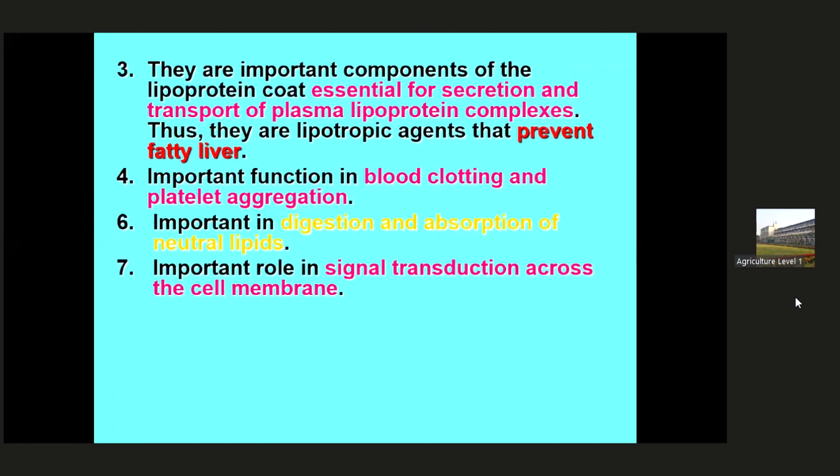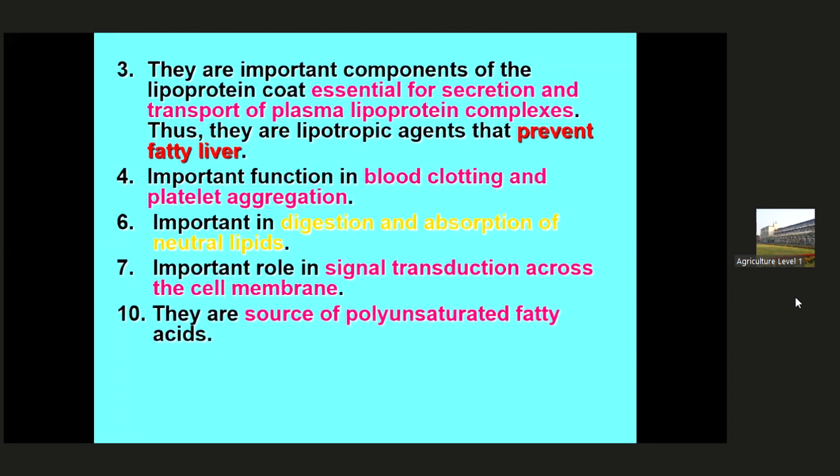So if there is any abnormal production of phospholipid in the nervous system, then signal transduction will be hampered. If some portion of your body loses these signals, the membrane and the nerve system, it is called a paralyzed organ. So it is very important to transduct signals or messages through the nervous system.